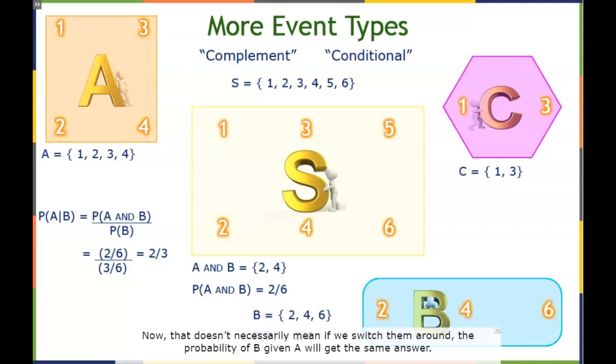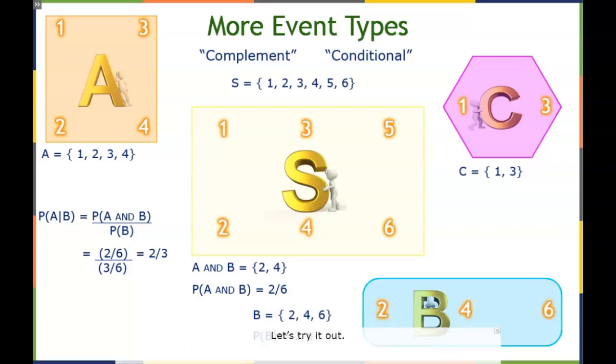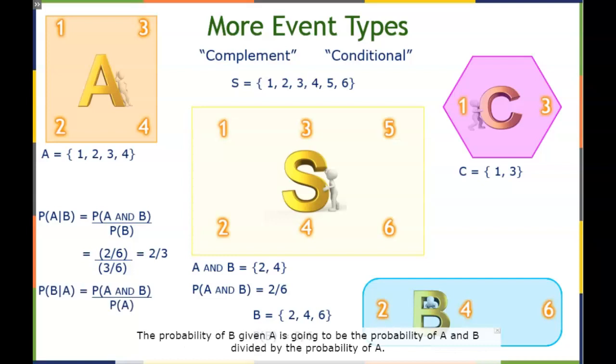Now, that doesn't necessarily mean if we switch them around, the probability of B given A will get the same answer. So let's try it out. The probability of B given A is going to be the probability of A and B divided by the probability of A. Now we know the probability of A and B is 2/6 because their shared set is still 2, 4.